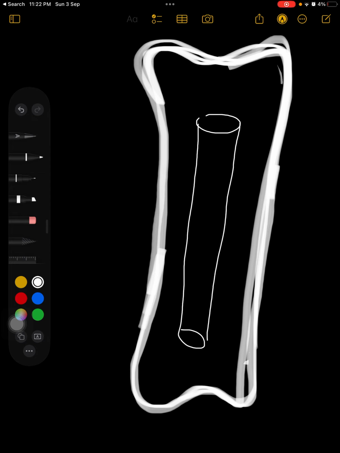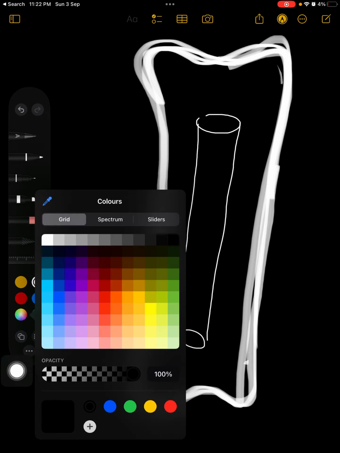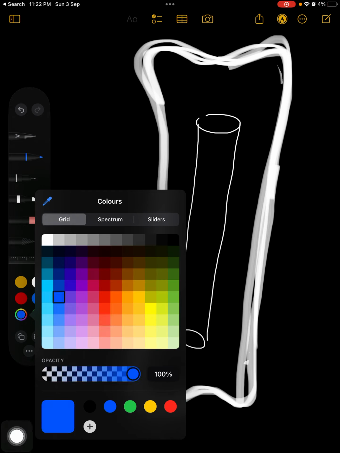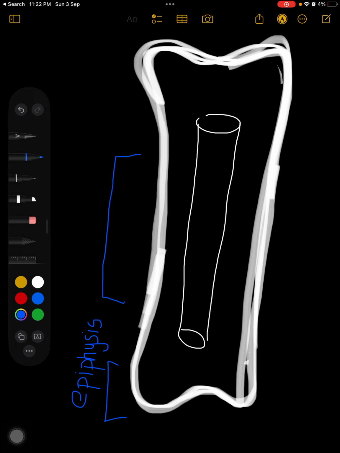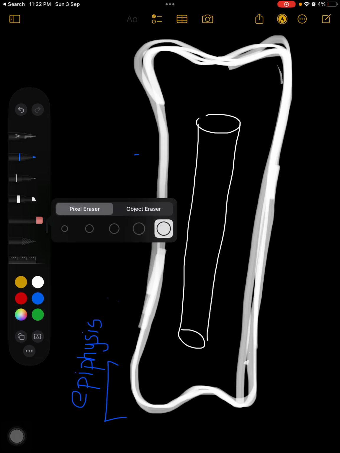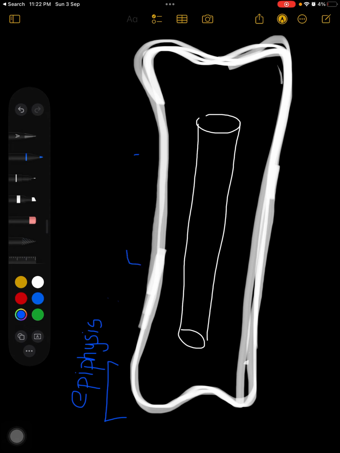Basically there are three parts of the bone, right? Let me write it. This one region is known as epiphysis. This one region is basically known as diaphysis.